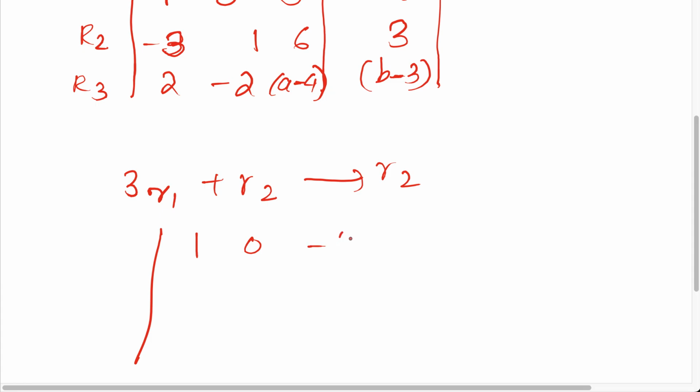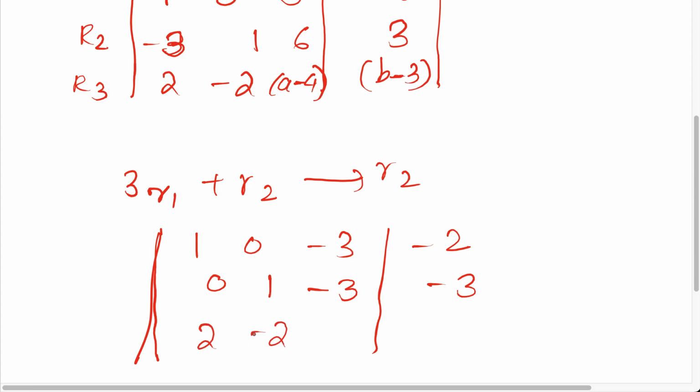So R1 remains the same. R2 will now change to 0, 1, minus 3. Remember, we are doing R2 plus 3R1. And minus 3. And the last row remains as it is: 2, minus 2, a minus 4, and b minus 3.